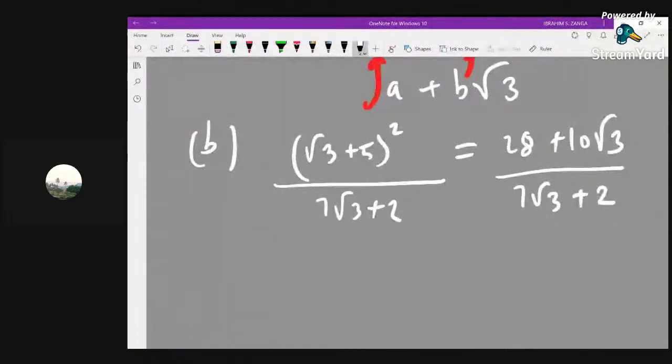And now we have to rationalize the denominator.